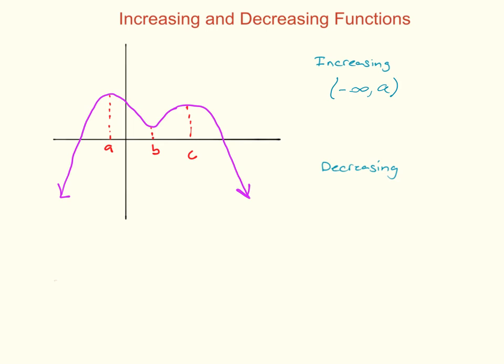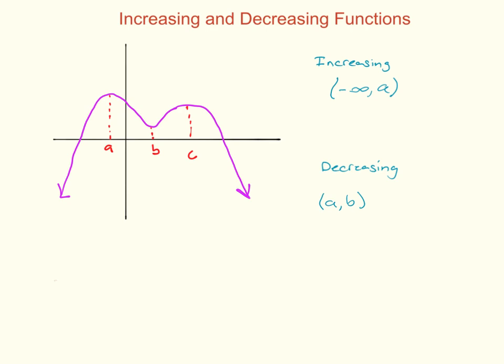Now let's look from a to b. As I move from a to b along the x-axis, you can see my graph is going down. So in this case, this is decreasing on the interval from a to b. The next one I have is b to c. As I go from b to c along the x-axis, you can see that the graph is going up.